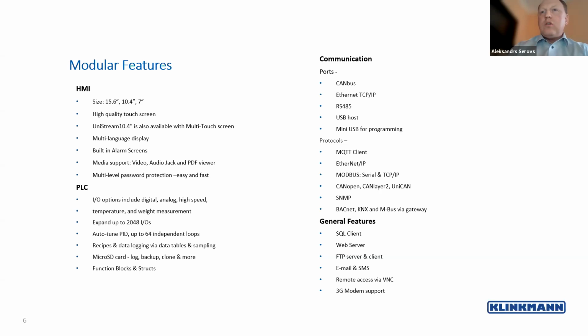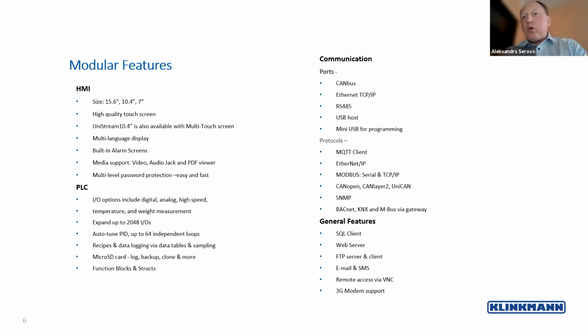Regarding communication, different ports available. So on board, it's CAN bus protocol, Ethernet, TCP/IP port for communication, USB host for copy some information to flash drive, or you can upgrade your devices using USB flash card. Available mini USB port for some programming works.